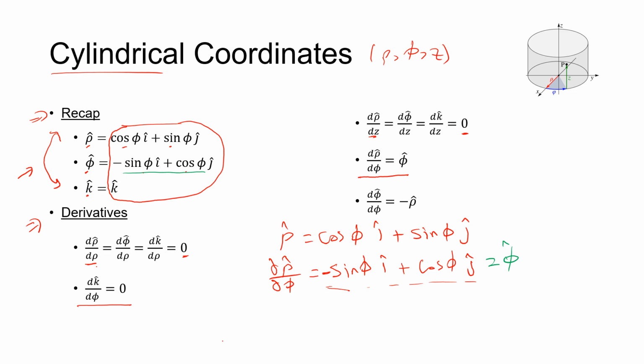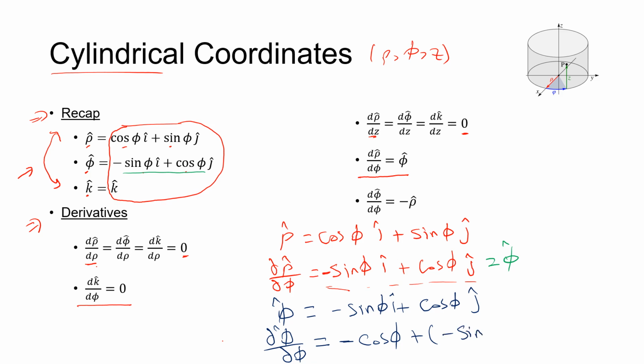Likewise, if we bring the phi unit vector, which was equal to minus sine phi in the i direction plus cosine phi in the j direction, and apply the derivative, partial phi unit vector by partial phi will result in minus cosine phi in the i direction, then minus sine phi in the j direction. If you compare this with rho, you will find it is equal but with a minus sign. So we have proved these two relations.